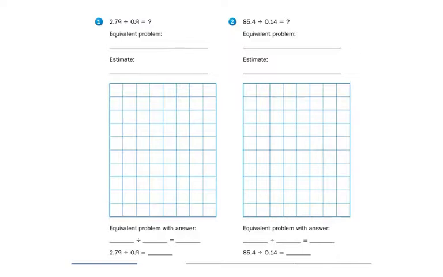Let's start with number 1. 2 and 79/100 divided by 9/100. I multiply each one by 10 so that I end up with 27 and 9/10 divided by 9. That got rid of that decimal point in the divisor.